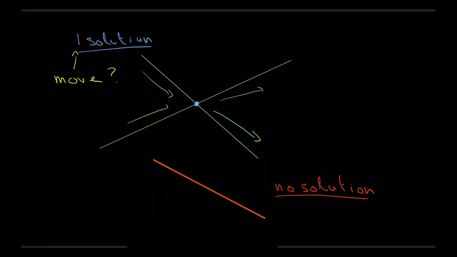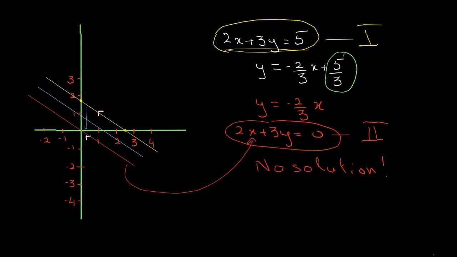So let's go back and check, because now the two lines actually are overlapping. How can two lines overlap? Well, the only way is that you algebraically write the same equation in a slightly different way. So let's think about it. Maybe we can multiply this equation by 2. If I multiply this equation by 2, what do I get?